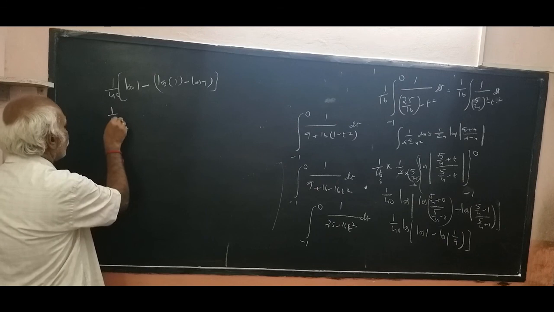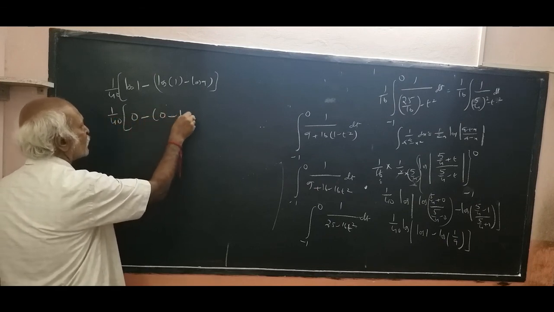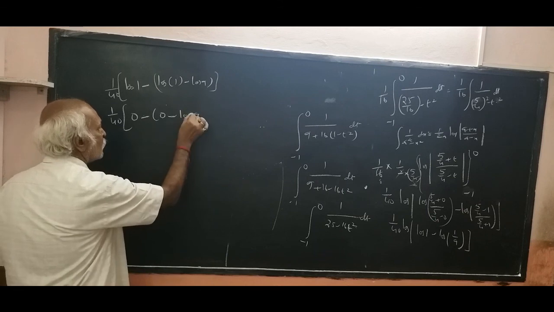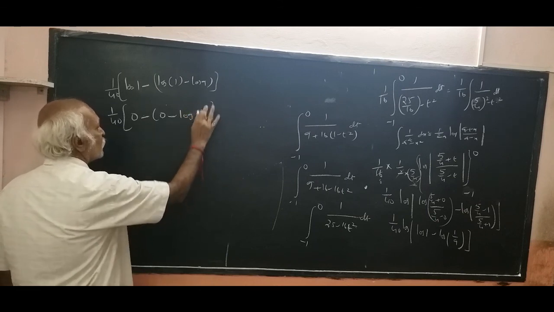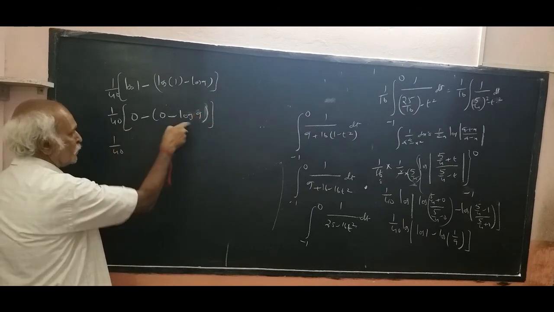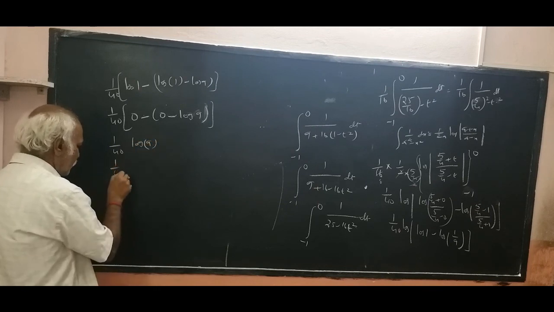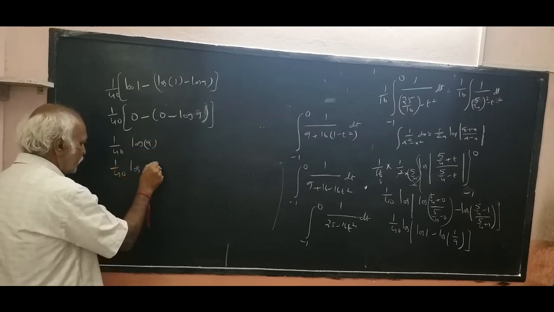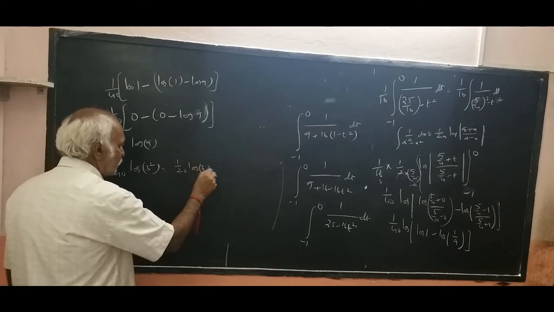So 1 by 40 log 1 is 0, inside also 0 minus log 9. So this becomes, open the bracket, this is 0, this is 0, this becomes log 9. So log 9 can be written log of 3 square, which is nothing but 1 by 20 log 3.